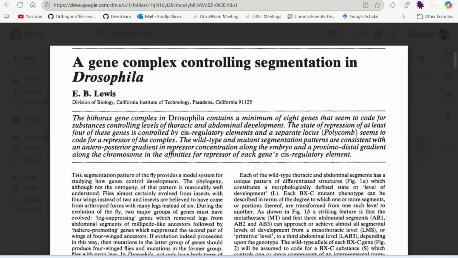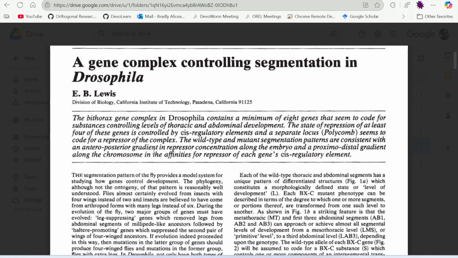And then you get different transcription factors and signals from other genes in the genome. So there's a separate locus, Polycomb, that is a repressor of the regulatory element and can repress the expression of the Hox gene.